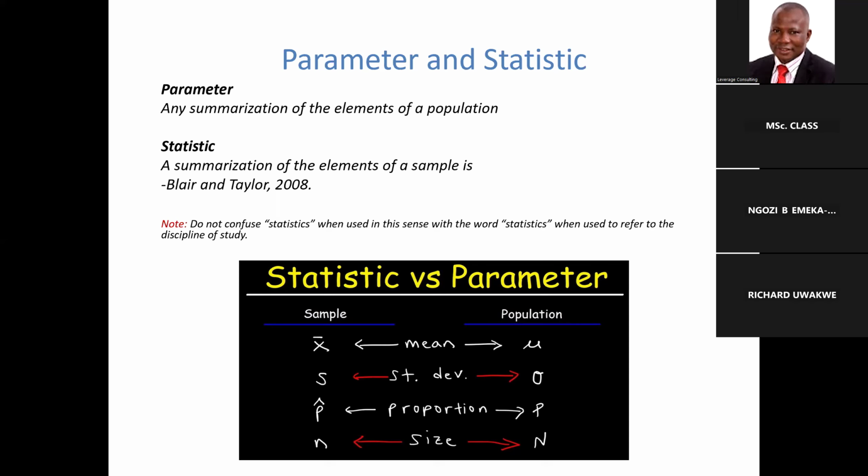Now, we started with the concept of population. As a researcher, you are interested in something in the population, and that particular variable, attribute, or phenomenon is there in your mind. That is the primary outcome. For example, when Dr. Ramatu was talking, he said adherence to antiretroviral drugs.